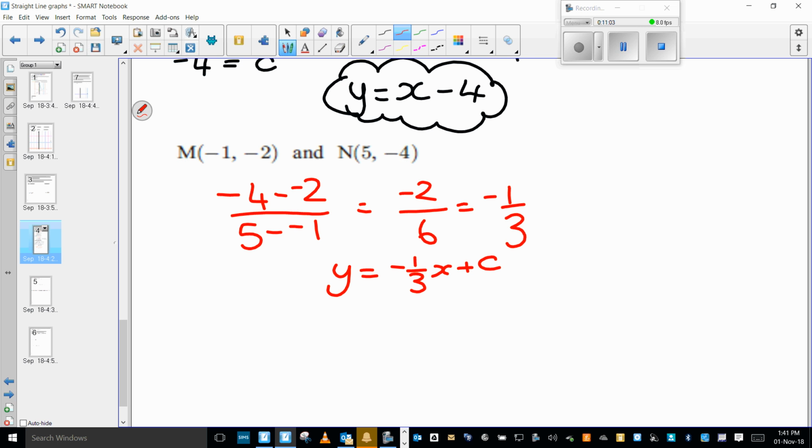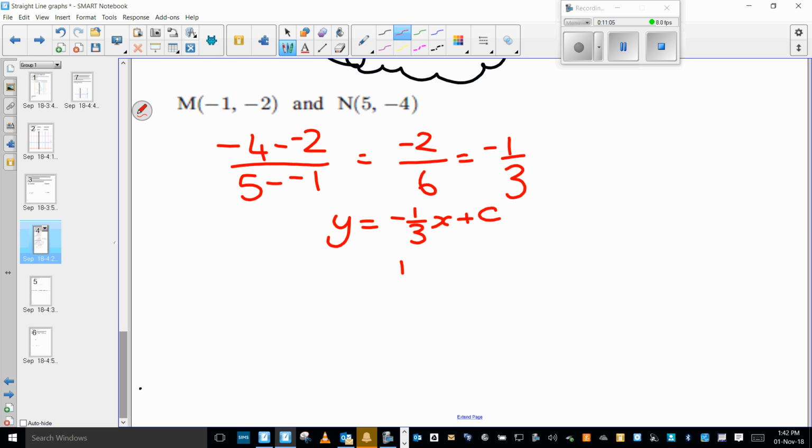I'll choose the coordinate M. So I'm going to have negative 2 equals negative 1/3 multiplied by negative 1 plus c. Negative 1/3 multiplied by negative 1 becomes positive.